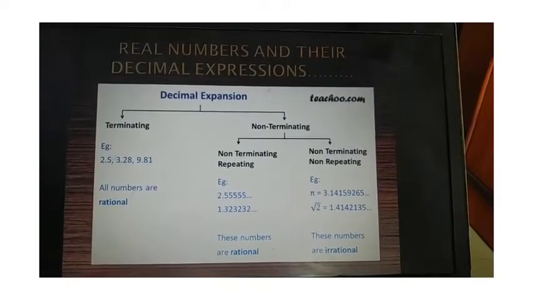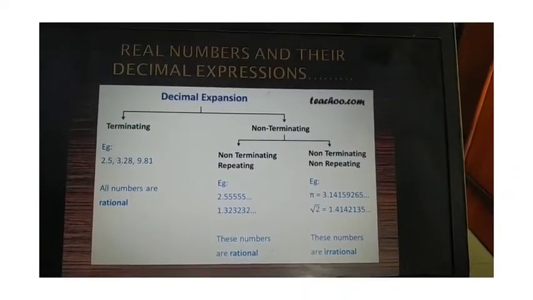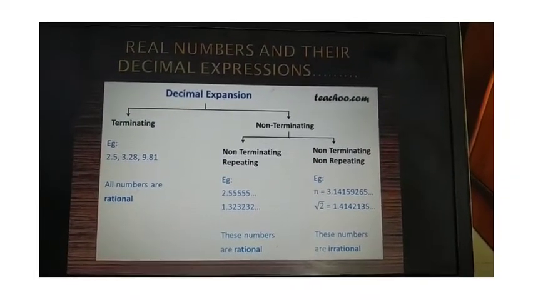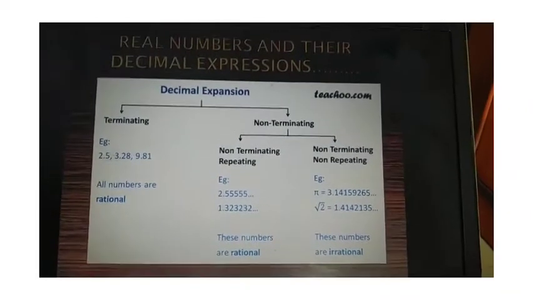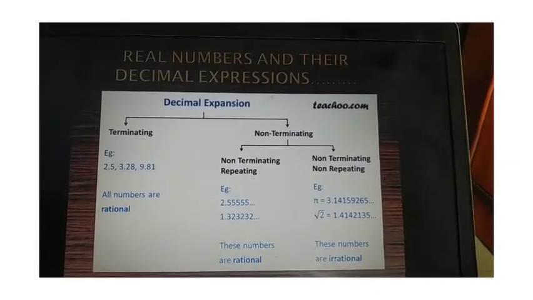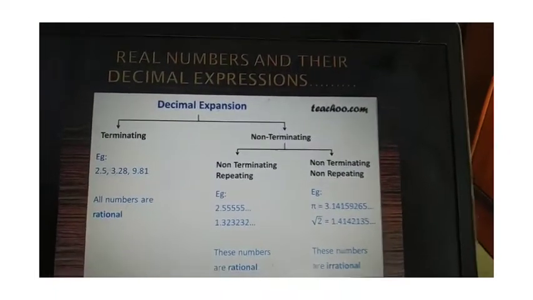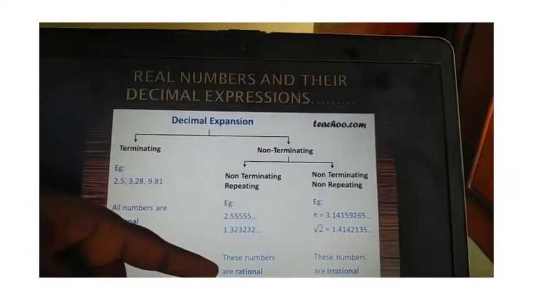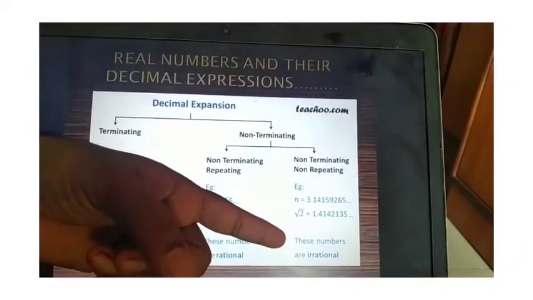The next one is non-terminating, non-repeating. The value of pi is the best example: 3.14159265, and it goes on without stopping. So here these numbers are rational, whereas these numbers are irrational.